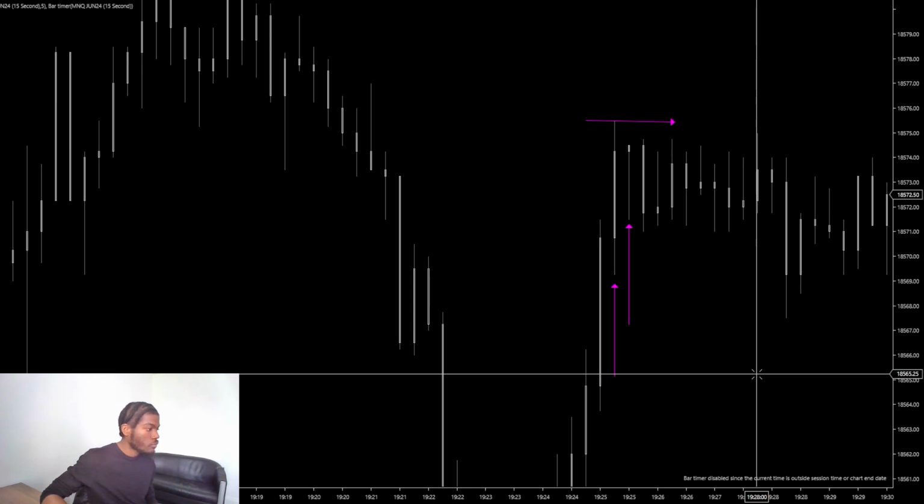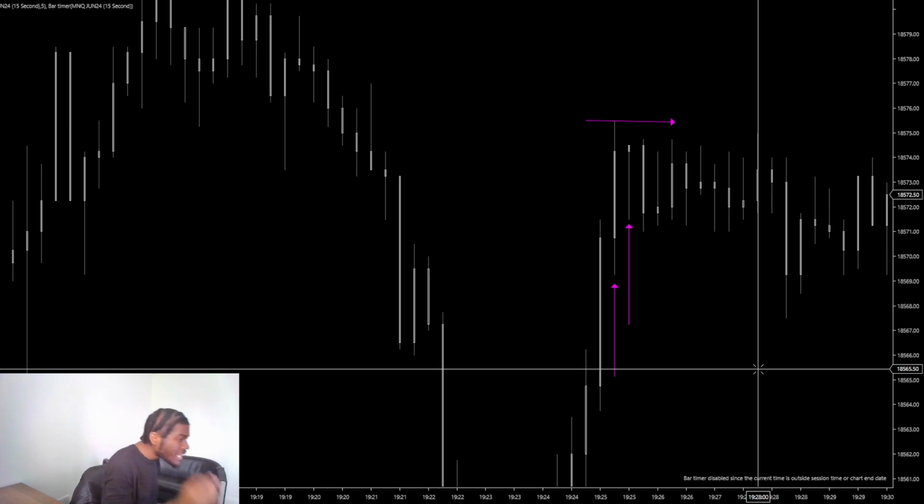No. So an up candle that does not move above the previous up candle's high is not valid as the last up candle. Say that again. An up candle that does not move above the previous up candle's high is not valid as the last up candle.